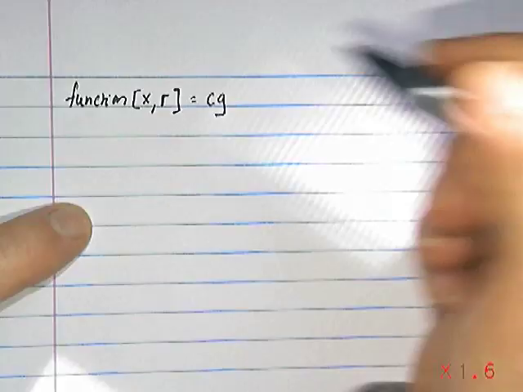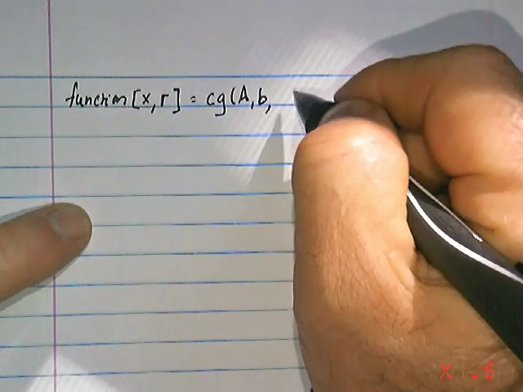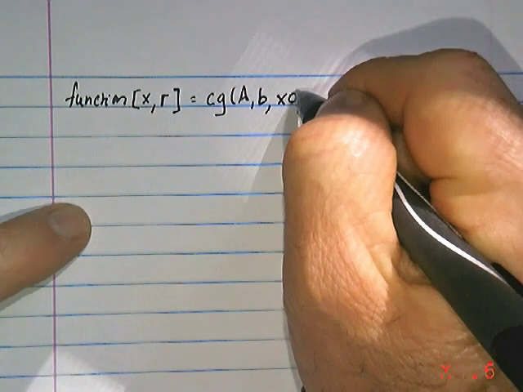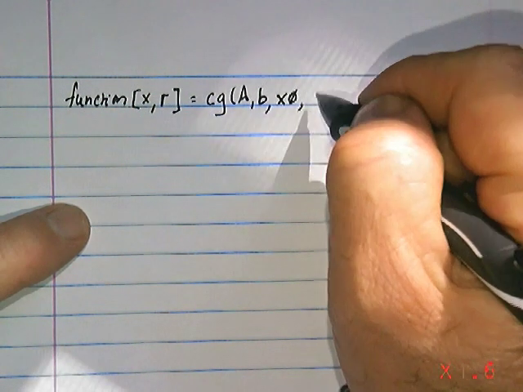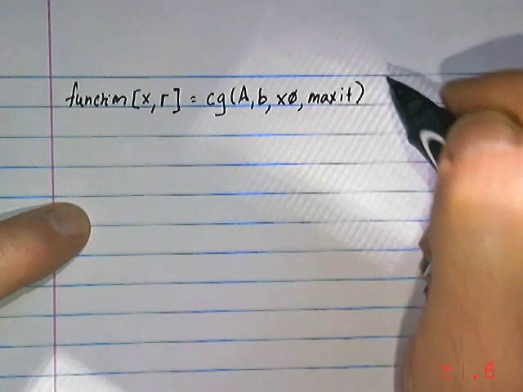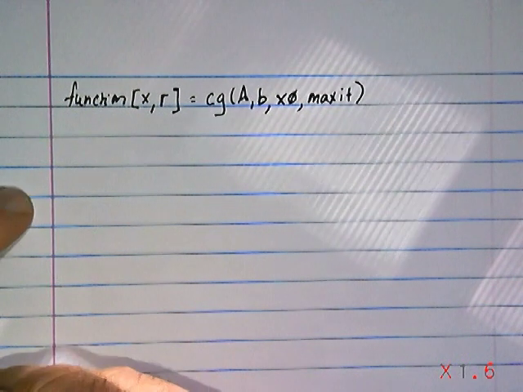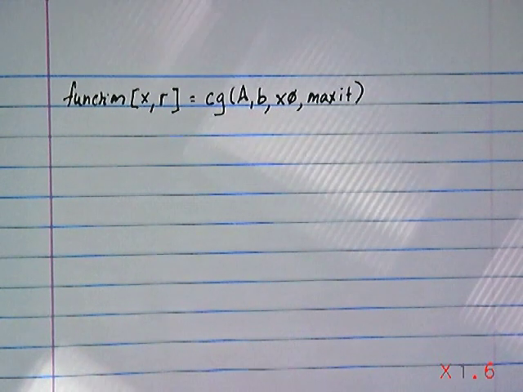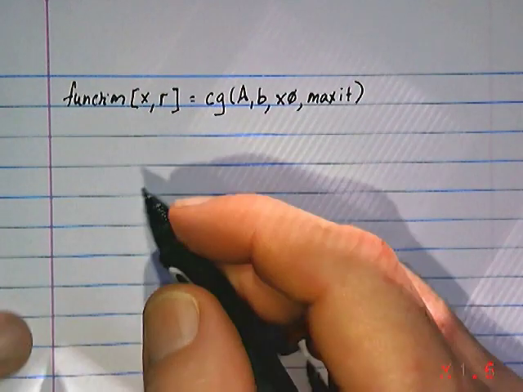We'll call the method CG, and the input should be the coefficient matrix, the right-hand side, an initial guess, we'll call it x0, and then maybe a maximum number of iterations that we might want to iterate to. There are different ways you can have stopping criteria for CG in terms of looking at progress that's being made. But for now, we're just trying to see how we would code this up.